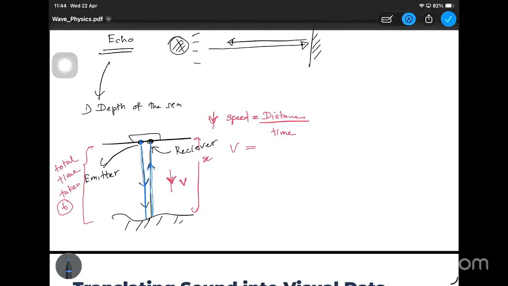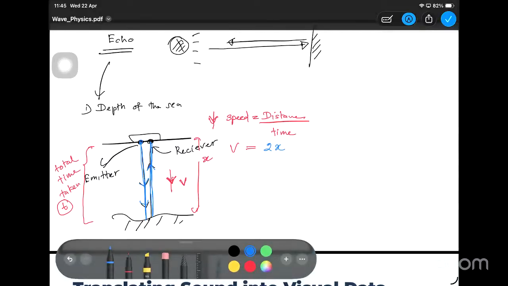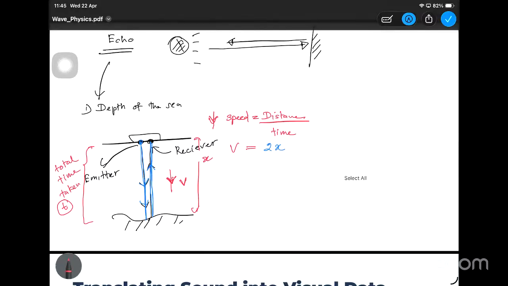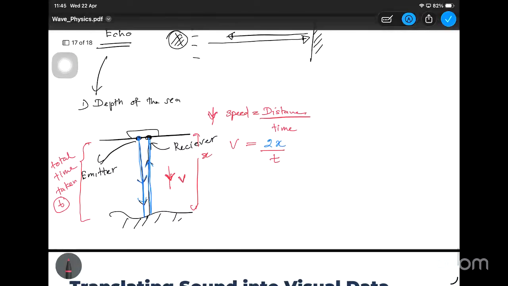So the total distance is going to be 2 times X. And in this case, we are measuring the total time, so the total time for this motion is T. Therefore, the depth value will be equal to Vt over 2. No need of remembering these exact equations. Just try to get the concept.